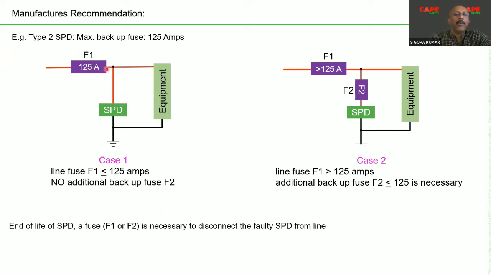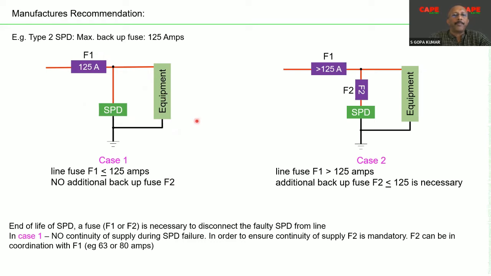The 125 amps fuse has a certain amount of energy with which it is going to disconnect, and the SPD is able to handle only that much energy without a blast, and you cannot increase the capacity of the backup fuse. At the end of life of the SPD, this 125 amps fuse is out. As a result, the continuity of supply is gone, but continuity of protection is still there.